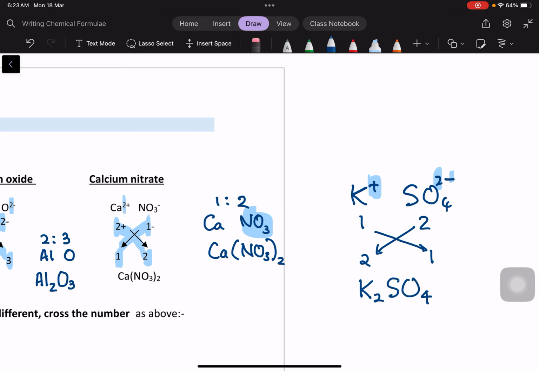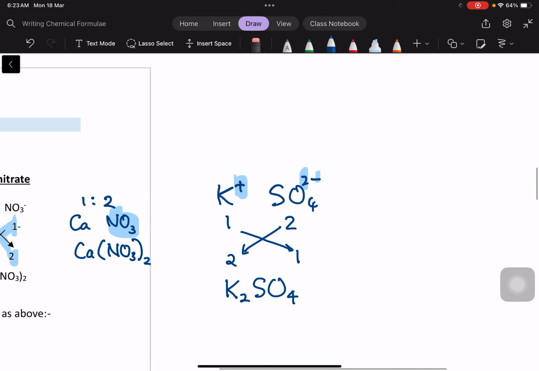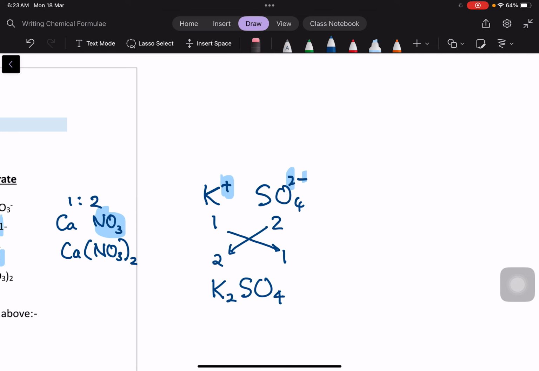Okay, now I'll give you one more. Say we are looking at ammonium phosphate, PO4 3 minus. So we have a charge of 1 from ammonium and 3 from phosphate, cross and drop.